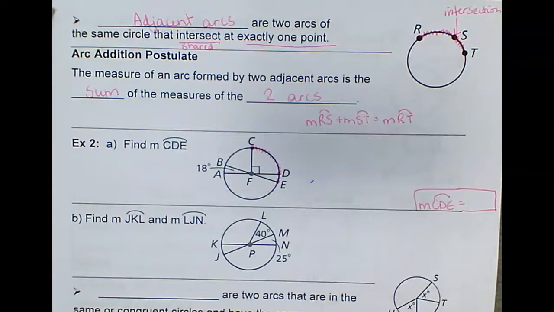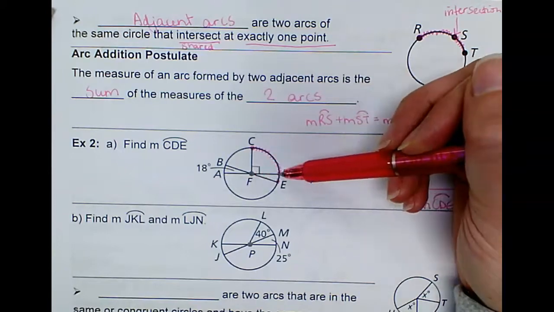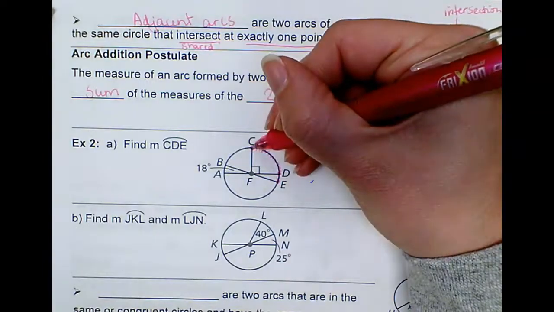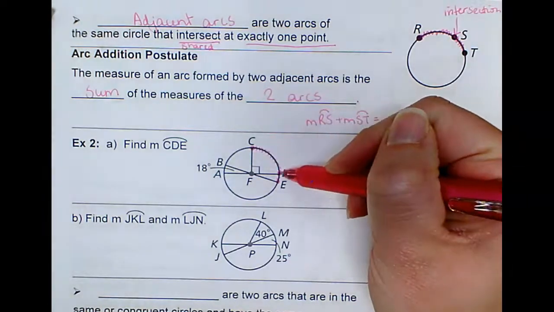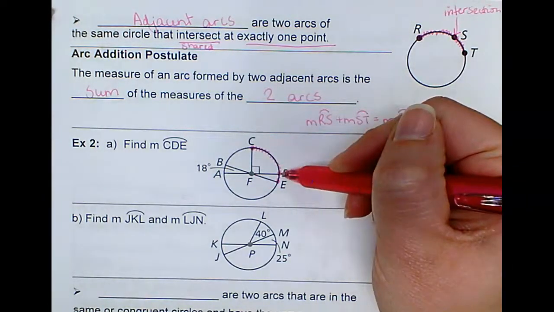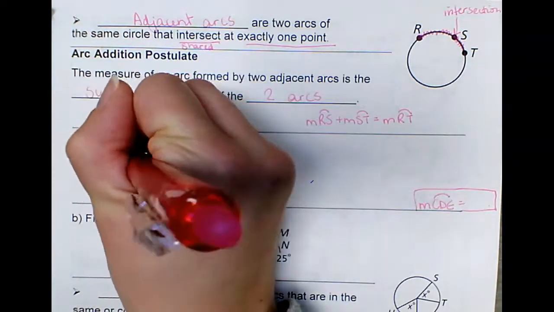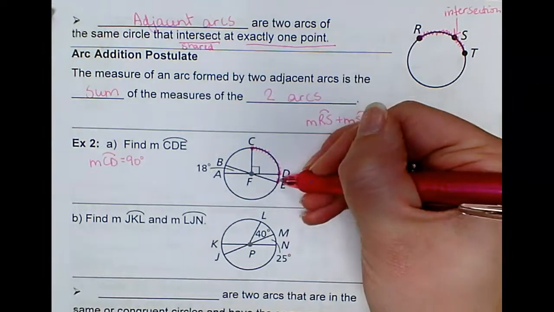So there's a couple things that we can notice here. The first is that from CFD, this angle is a right angle. So the arc measurement CD should be how many degrees? Well, since the minor arc's measurement is the same as the central angle's measurement, then CD's measure is also 90 degrees.